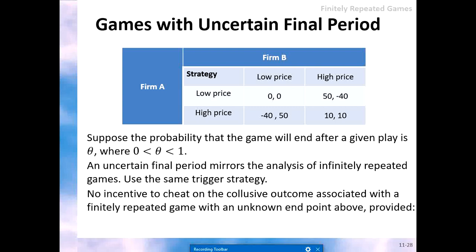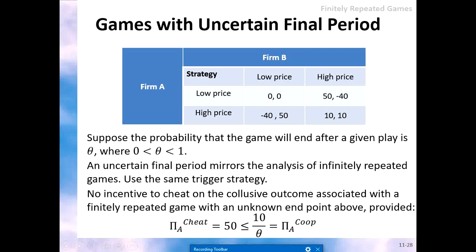There is no incentive to cheat on the collusive outcome associated with a repeated game with an unknown endpoint, provided the profit of the cheating firm, let's say B, using a low price, equal to 50, which is the maximum we can get, because in the second play firm A will charge a low price and we get 0, 0. But this 50 must be less than 10 divided by theta, the profit of cooperating. Pi of cooperate means 10.